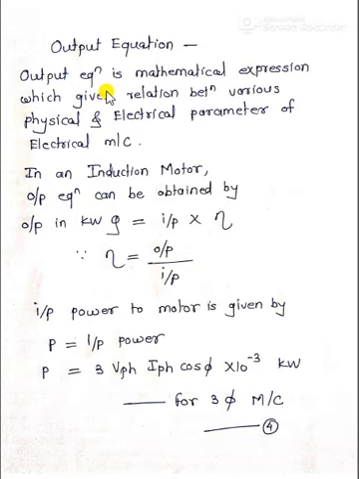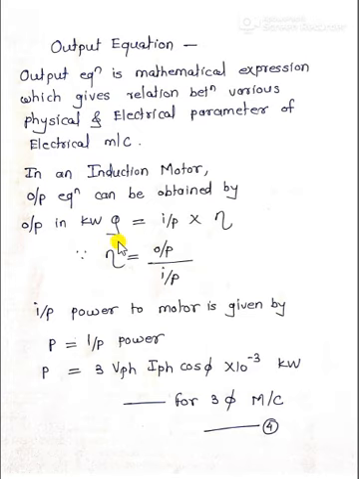Now we will start the exact output equation. First we will write down a definition. What is output equation? Output equation is a mathematical expression which gives the relation between various physical and electrical parameters of an electrical machine. In an induction motor, output equation can be obtained from output in kilowatt.